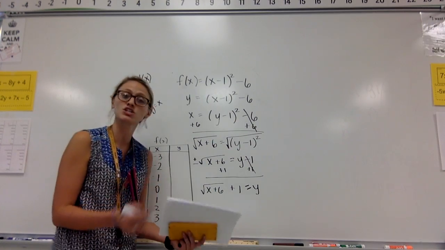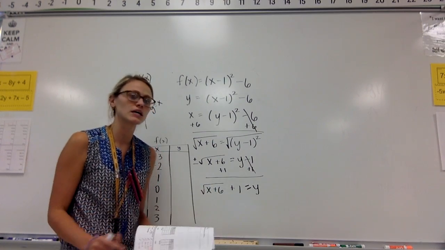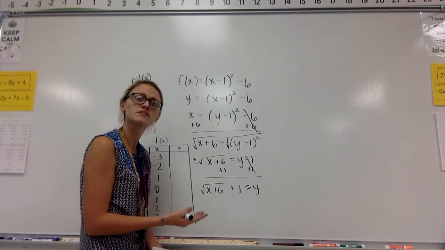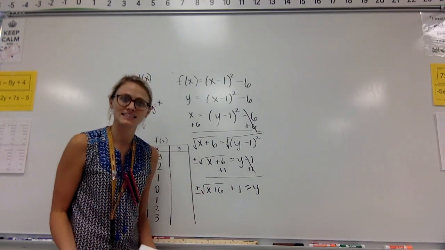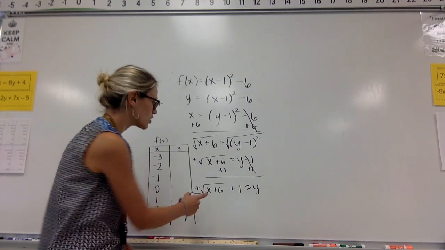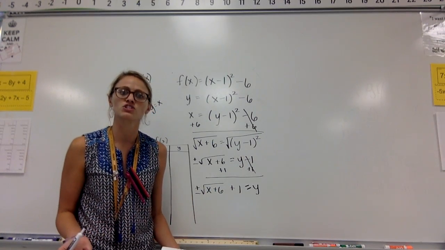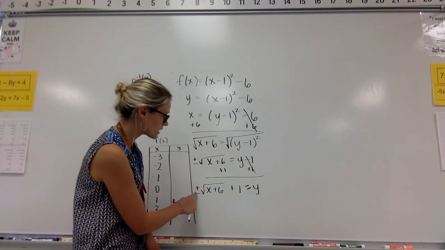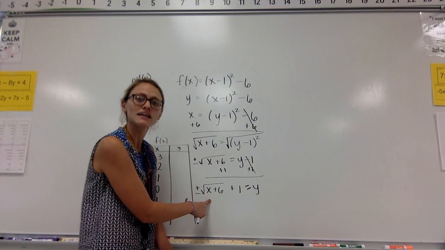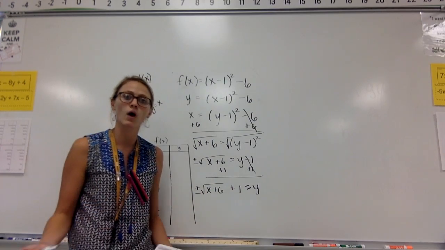Okay? This is a super common mistake, so just be careful. Remember, whenever you take the square root of something, it's plus or minus. Okay? So I have my inverse function now. My inverse function is just plus or minus the square root of x plus 6 plus 1.